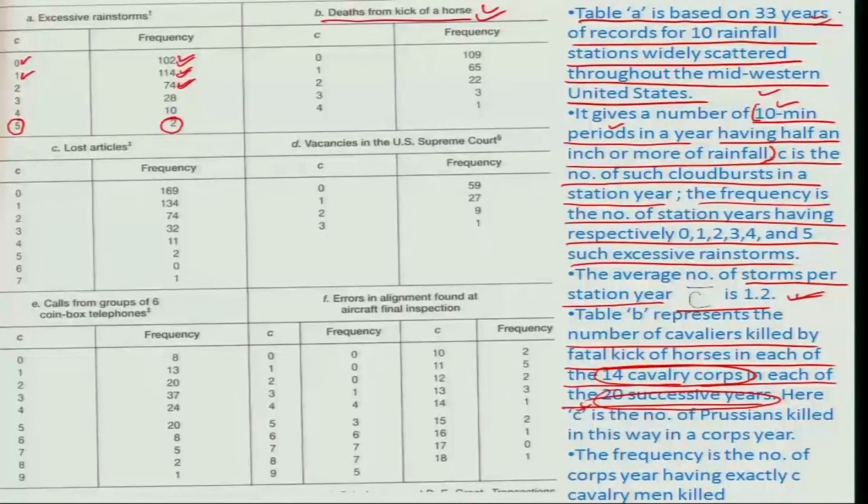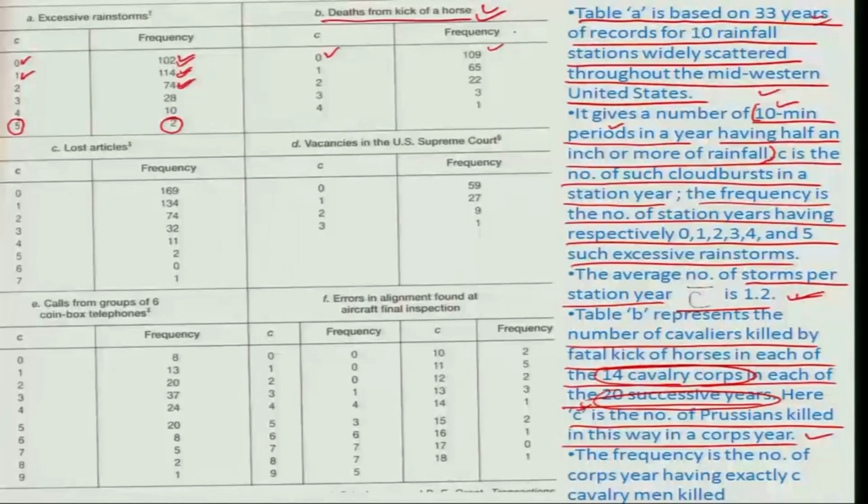So, C here represents the number of Prussians who are killed in this way in a corps year. So, basically if you have 14 cavalries and you are monitoring all those 14 cavalries across a 20 year period, how many actually get killed by horse kicks is recorded as C, and that shows that 0 such incidents of killing because of fatal kicks of horses occur 109 times. These times indicate the cavalry years.